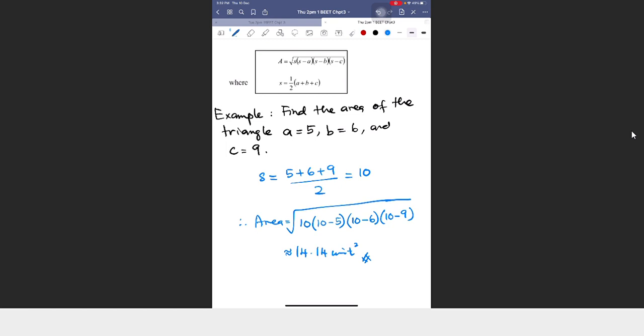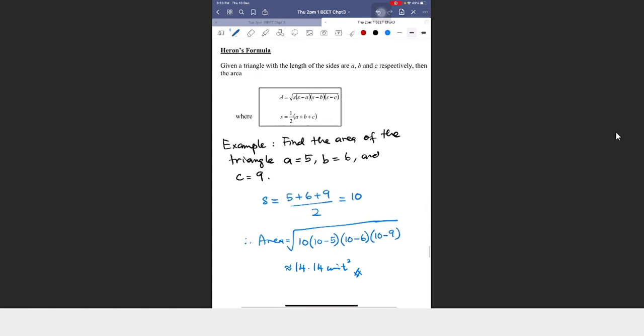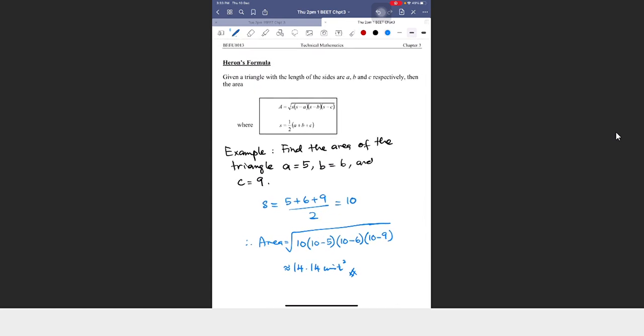Half times base times height, then half times AB sine C, where the angle is the included angle, as well as Heron's formula, which is the square root of S times S minus A times S minus B times S minus C, where S is the sum of the three sides divided by 2. Okay, any question so far?